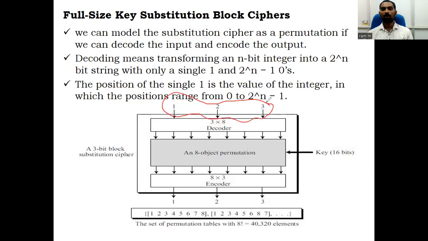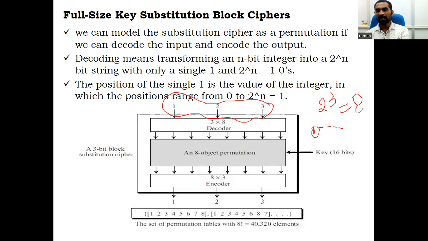Now, how can I decode this? Let us consider 2 cube, which is equal to 8. I'll have from 2 power 0 up to 2 power n minus 1, so totally from 0 to 7.